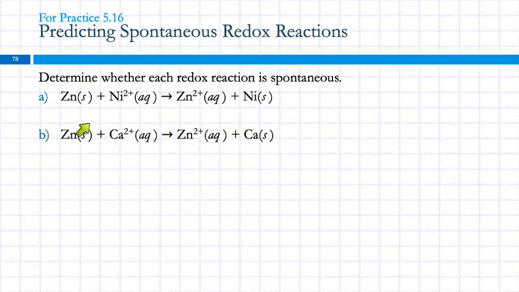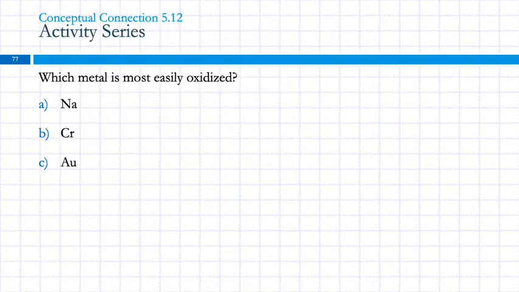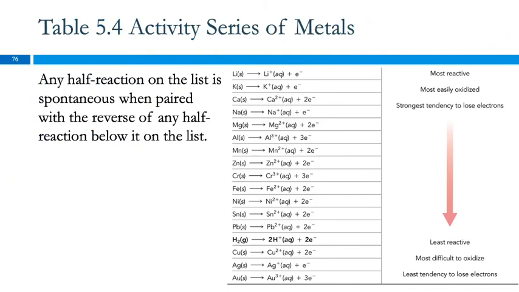So we predict whether this is going to happen or not by looking at who is cooler, zinc or nickel. And we have to go look at the list for that. So we're looking for zinc and nickel. There's zinc, nickel. So zinc's going to get the girl.